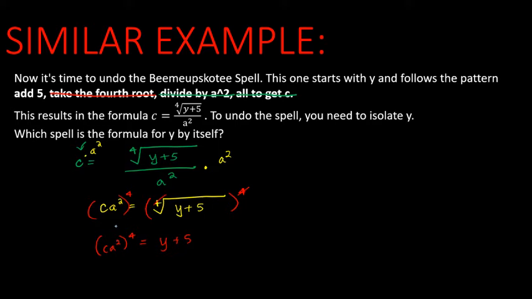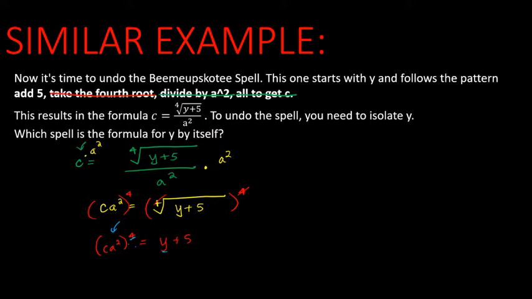Now, I'm not going to worry about simplifying this, because it's not important, and sometimes we even prefer, like in vertex form, how we left the square intact. We didn't actually solve it out. I'm going to do the same thing here. It's not important to me that I distribute this exponent. Notice now that I'm really close. I'm trying to isolate y.